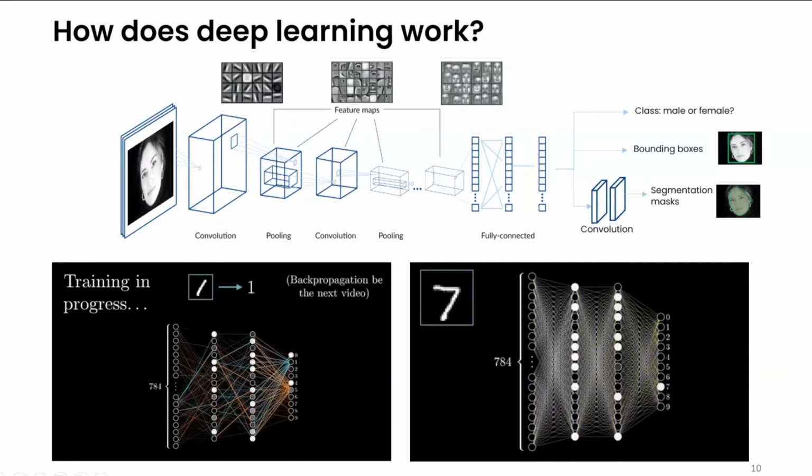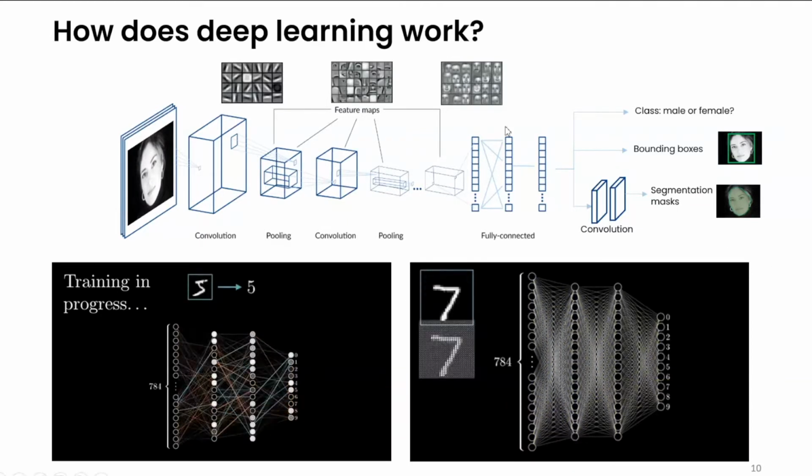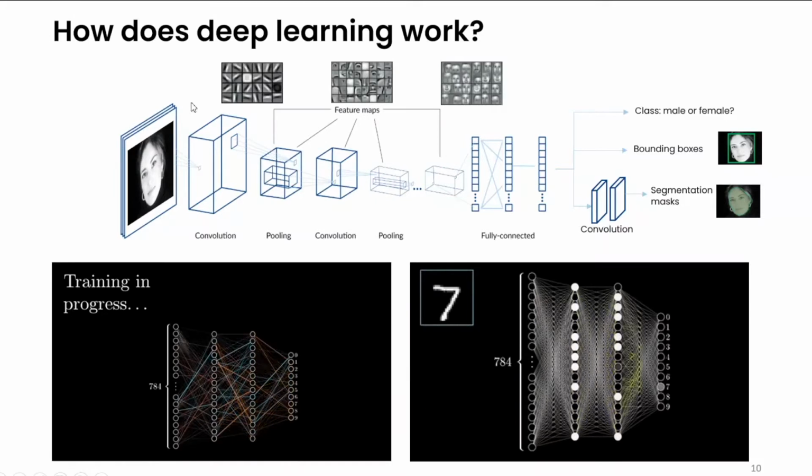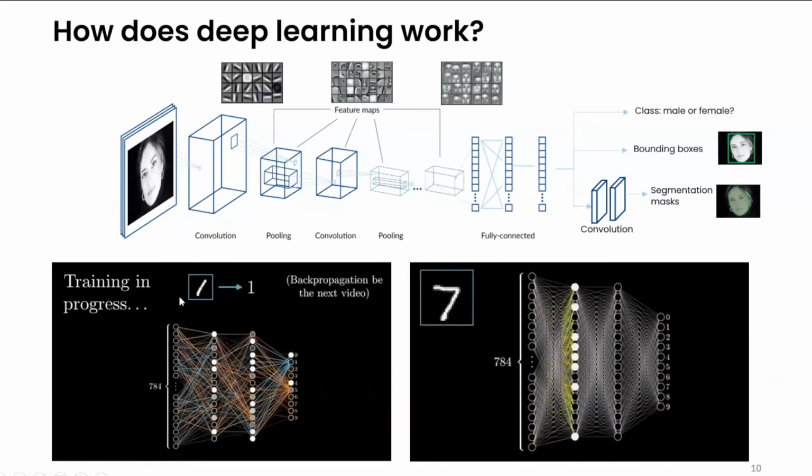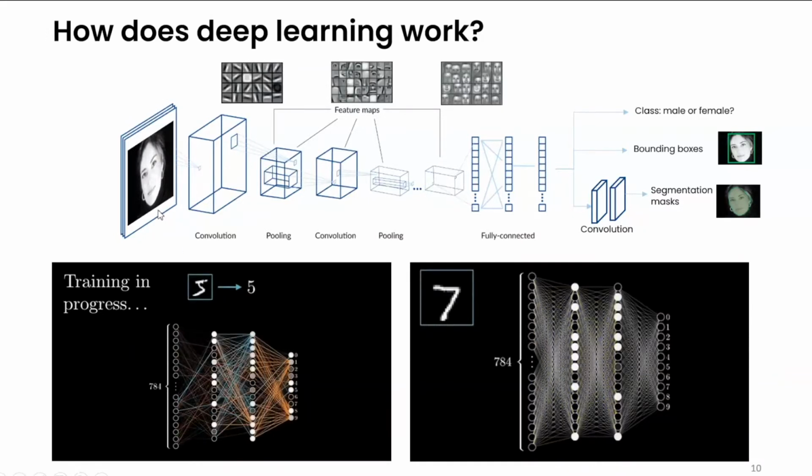That's actually a very great question. No matter what the input images, all the images you want to identify, the structure of the deep learning model actually remains the same. So you can either feed training data, for example digits, or feed training data like human faces.